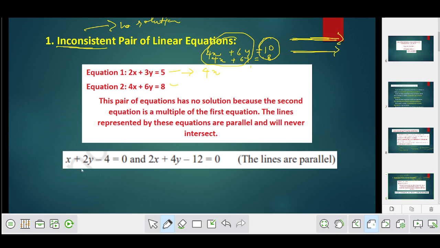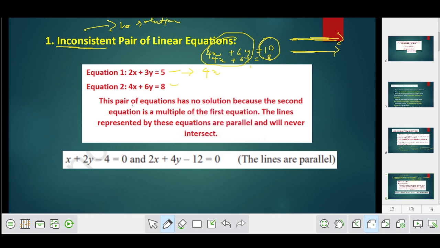There is another example: x plus 2y minus 4 and 2x plus 4y minus 12. If we multiply the first by 2, we get 2x plus 4y minus 8 equal to 0, the same as parallel lines. The constant term is different, otherwise the other coefficients are the same.